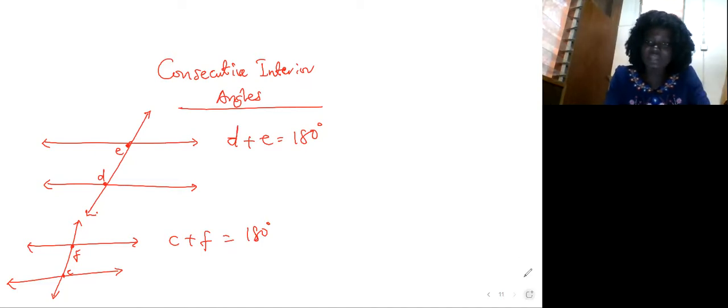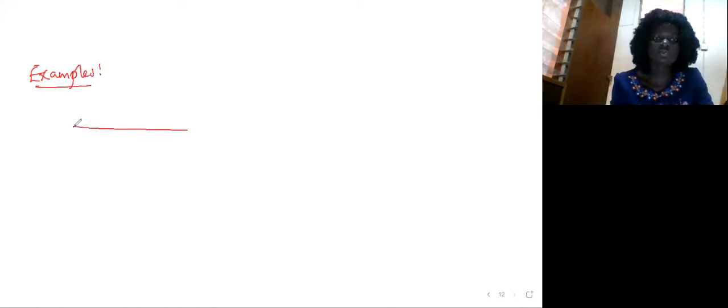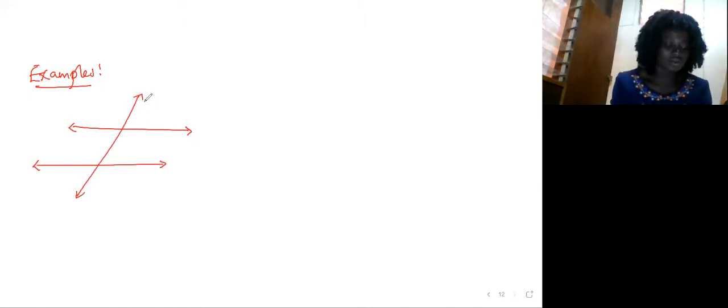Okay, so give me an example under this. For example, if I have 65 over here, then I have E, and I'm asked to find it.